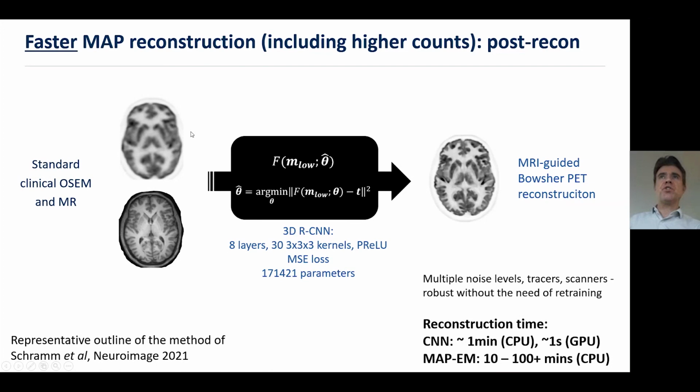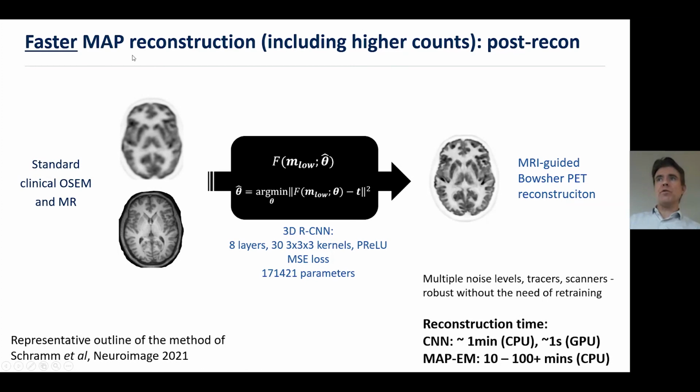So this can be viewed as an accelerated way of obtaining MR guided reconstruction. But the benefit was they also included higher count data in their MR guided reconstruction. So that's a beautiful concept whereby you can have a lower count OSEM reconstruction, you've got your T1 weighted image, and then you learn how to effectively upgrade the statistics based on the MR information as well to get a higher quality PET reconstruction.